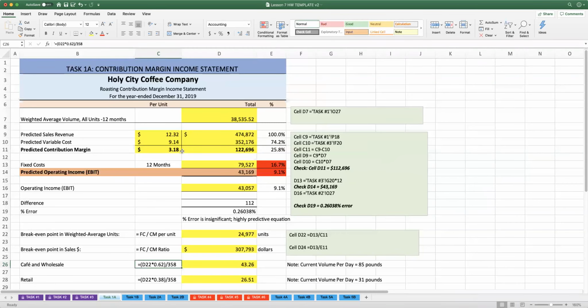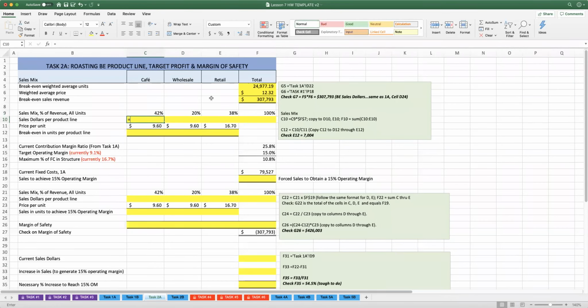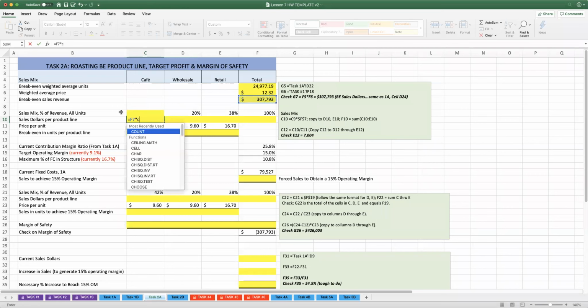So that's where those are coming from. So all we have to do is take the break-even sales times the sales mix, which is C9. It's covering it up on me, so I'm just going to type it in, and anchor this down, because that's a reference every time. Then you can pull that across.